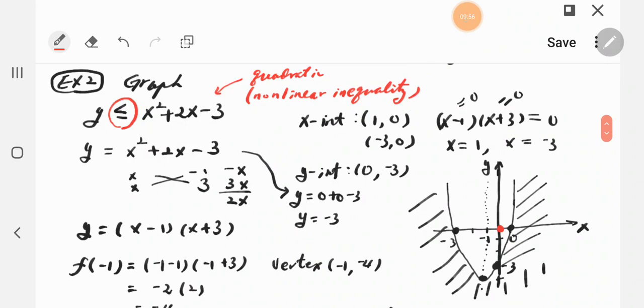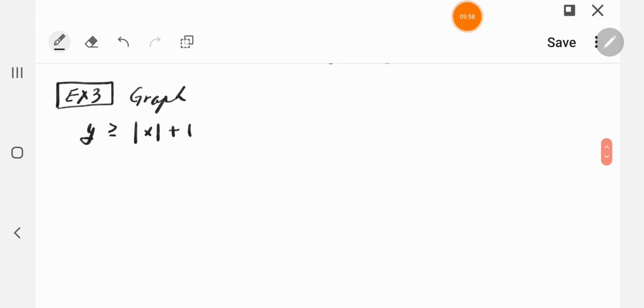Okay, example 3, graph the inequality. This inequality is an absolute value inequality, because x is in an absolute value. So let's first make it an absolute value equation and then graph the line.